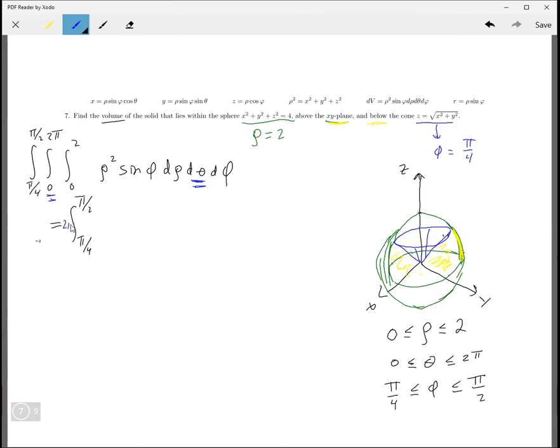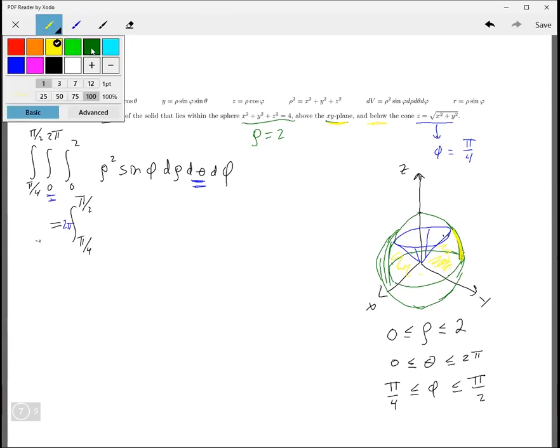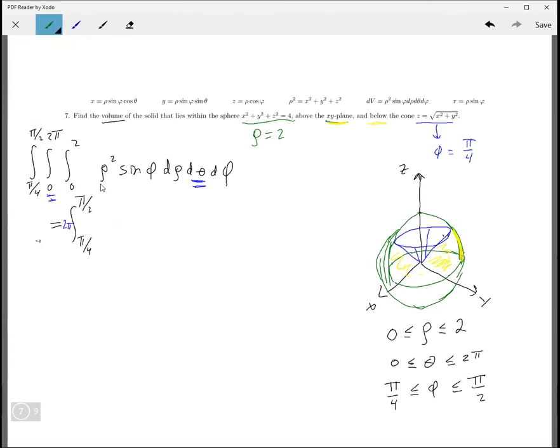So that's just going to be 2 pi. And if you integrate this one, you get rho cubed over 3, going from 0 to 2. And then the rest of it is sine phi d phi. So this is going to be 8/3, so you're looking at 16 pi over 3.